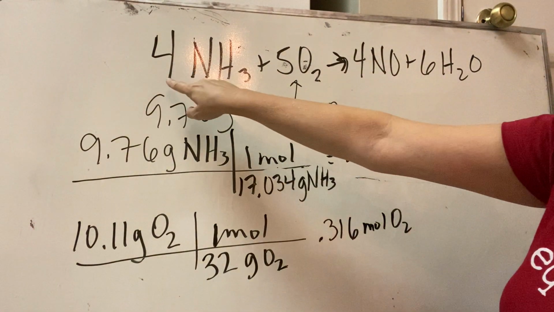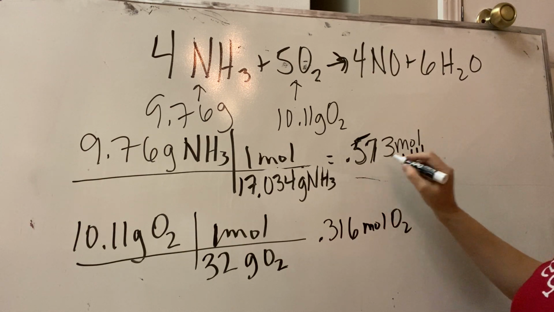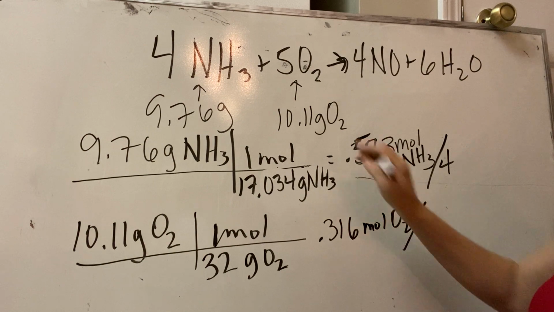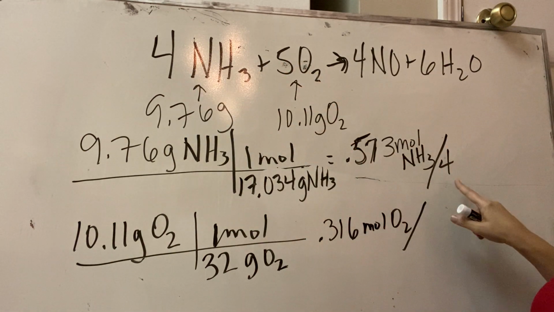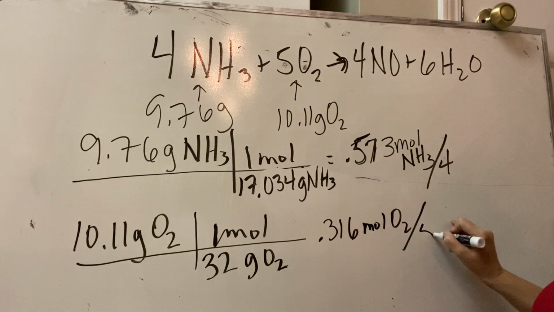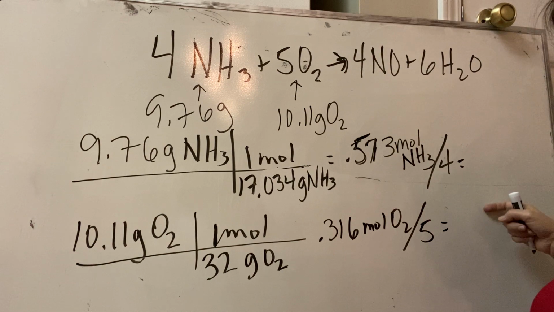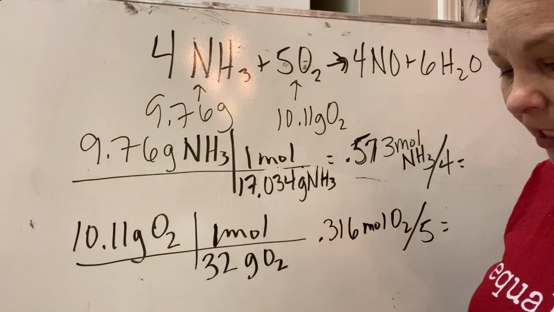The coefficient of the ammonia was a 4, and for oxygen, the coefficient is a 5. These values are the quotients, and the lower one of these will give us our answer.